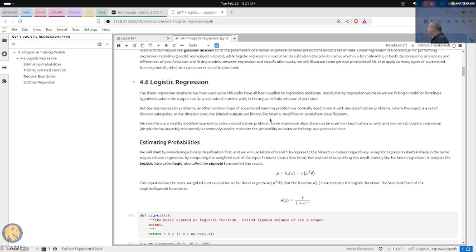So the basic problem, if we want to use the same idea for logistic regression, is first of all, our output is going to be more constrained, right? And as usual, when we're talking about classification, we'll start with the simplest case, a binary classification. So if we're trying to do a binary classification, the model we're trying to create, the labels are all going to be 0 and 1.